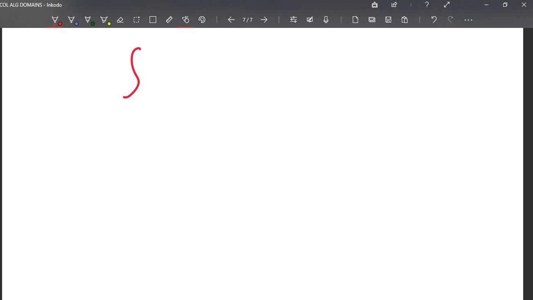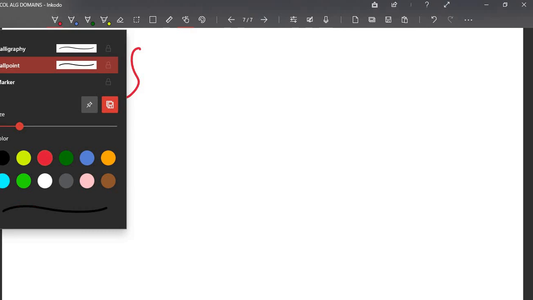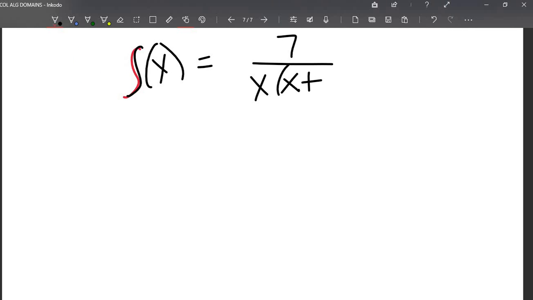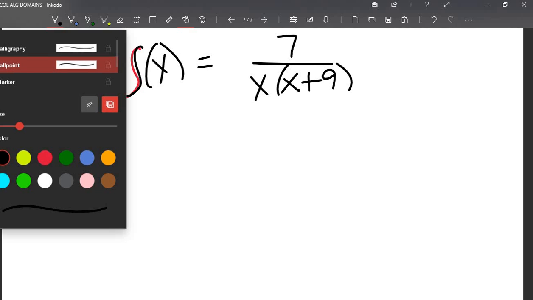Now let's look at this one. Let's say my function is 7 over x times x plus 9. All right, now this goes back to what we did when we were solving these equations.